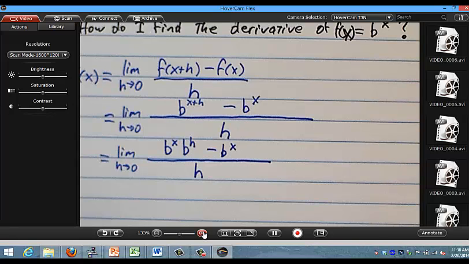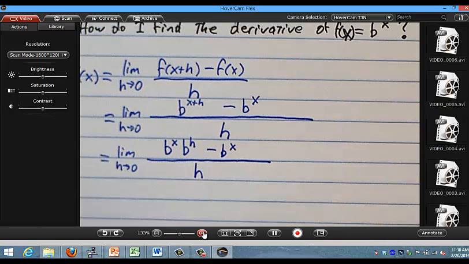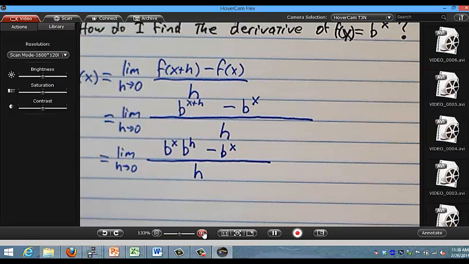Do you guys see how there's a b to the x here and there's a b to the x here? Can we factor it out? Yep. Sure. We can factor it out front. And not only can I factor it out front, I can actually pull it past this limit symbol because this is the limit as h goes to 0. I'm not going to touch the x at all with this thing.